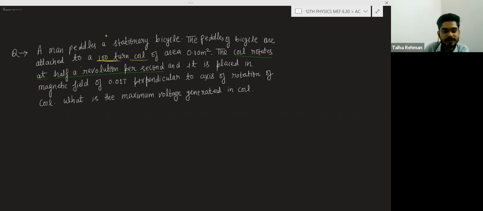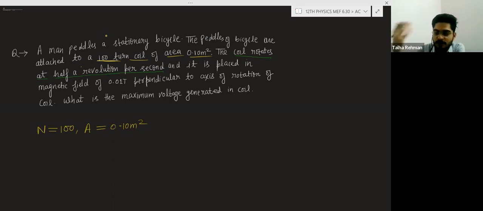So basically there is one coil having 100 turns. Number of turns 100. Area of that coil is 0.10 meter square, and they are saying the coil rotates at half revolution per second.